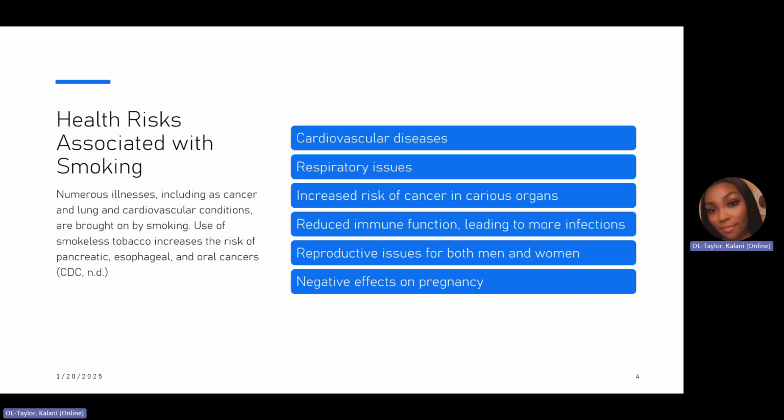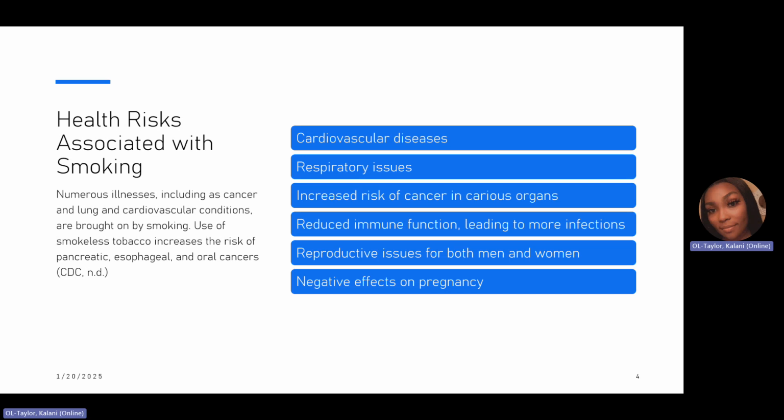So, again, according to the CDC, there are multiple health illnesses that you can acquire strictly from smoking. These include cardiovascular diseases such as heart attack or stroke. You can also get respiratory issues such as emphysema, chronic bronchitis, lung cancer.